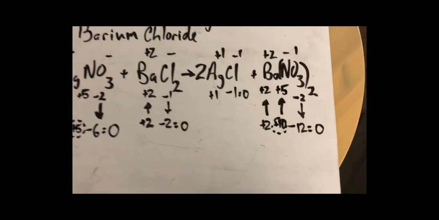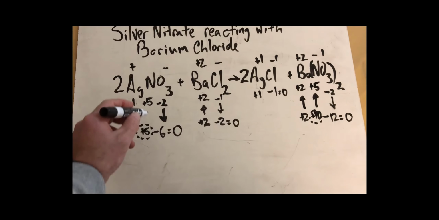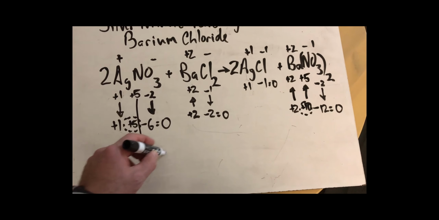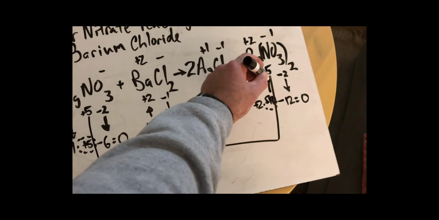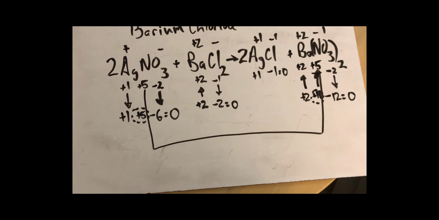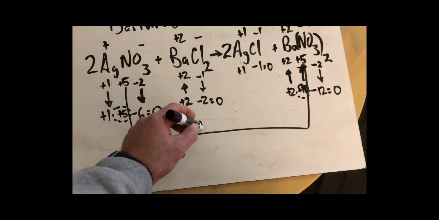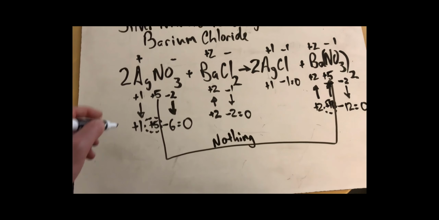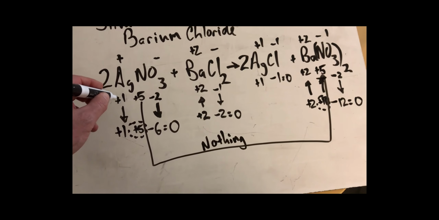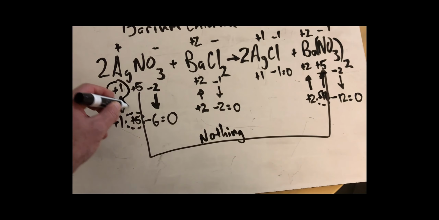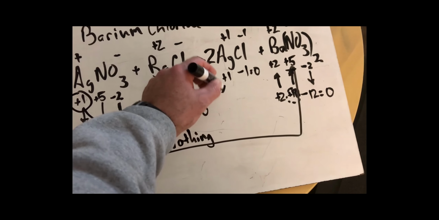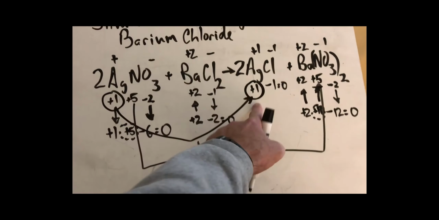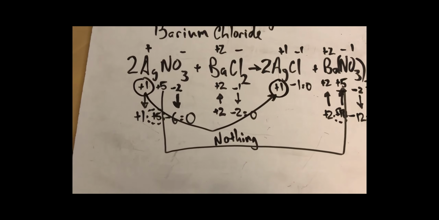Now, if we take a look at this, can you see that nitrogens are both 5s? So nothing's happening. Okay. Well, maybe that's just my spectator. Let's take a look at the silvers. +1, -1. There's nothing happening there either.